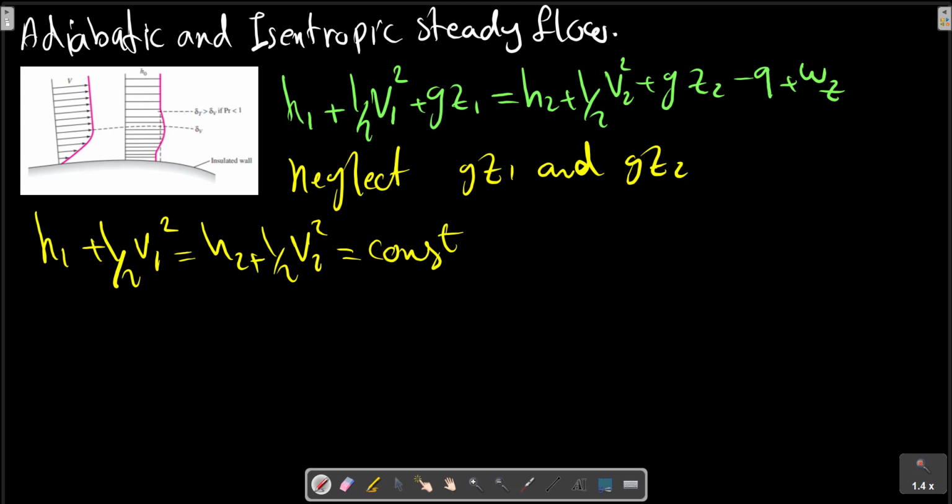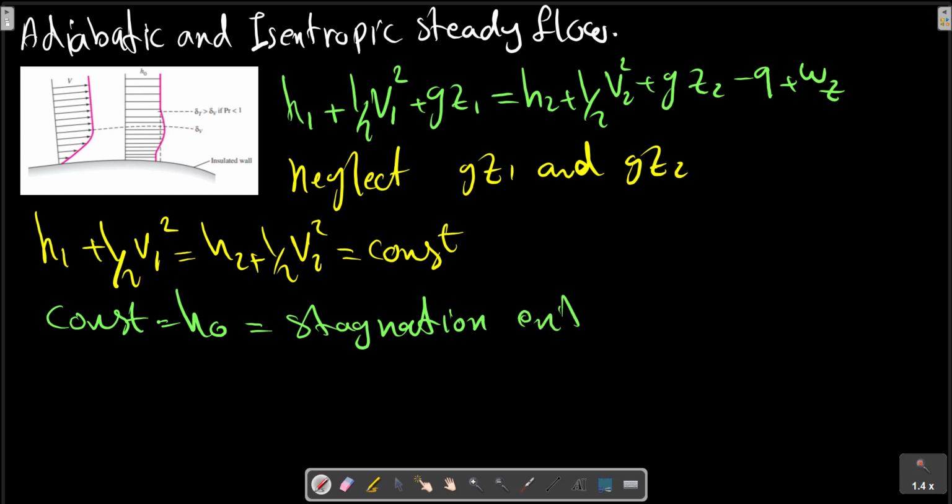The constant is equal to the maximum enthalpy that the fluid would achieve if brought to rest adiabatically. We call this value h0, the stagnation enthalpy, constant for the flow.